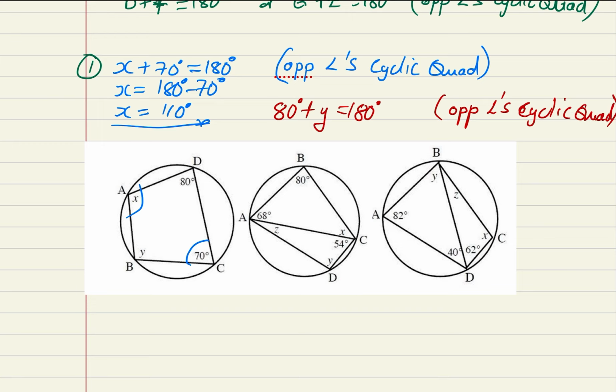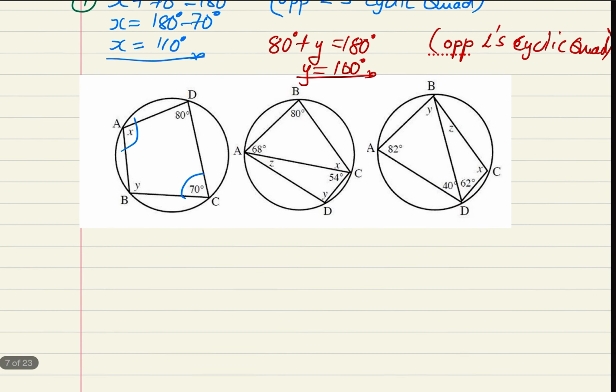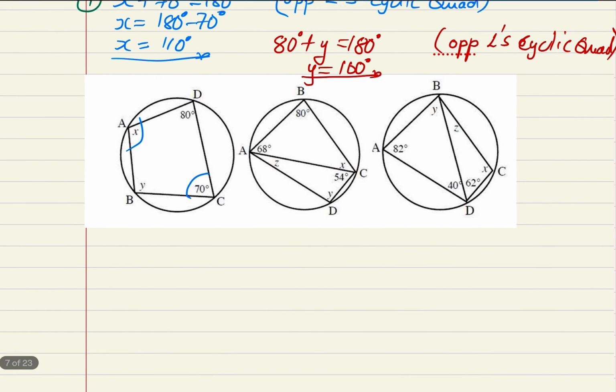Hence we know that y is now 100 degrees. So that is how we do it, guys. Now we can try to trick you like number 2 and number 3, but let's look at them because we are trying to lay this foundation.